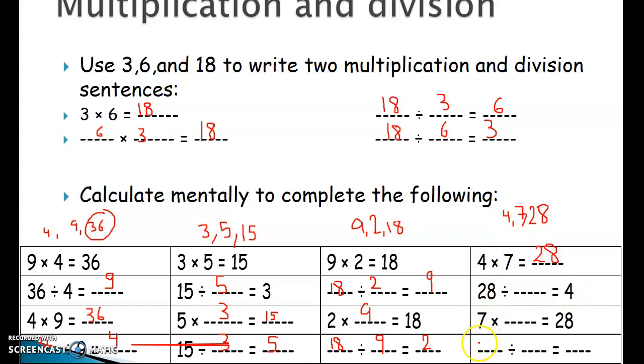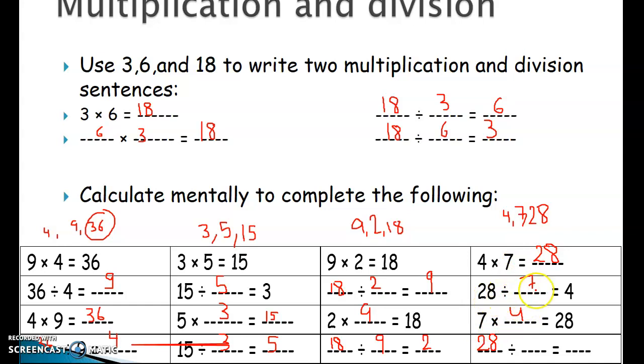In division we always have to start with the total, which is 28. Here we wrote 28, we wrote 4. Which number didn't we write? 7. 4 times 7 is the same as 7 times 4.